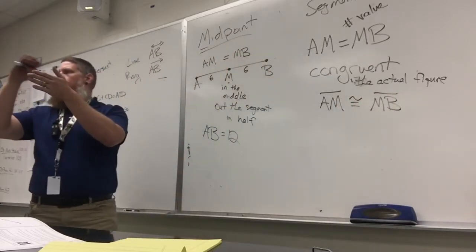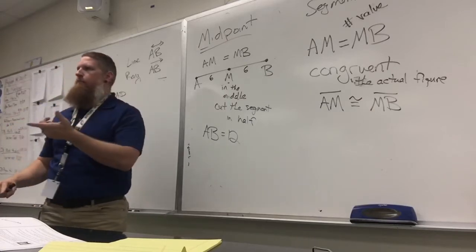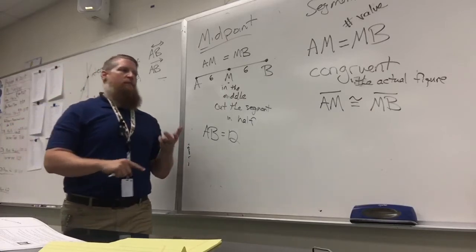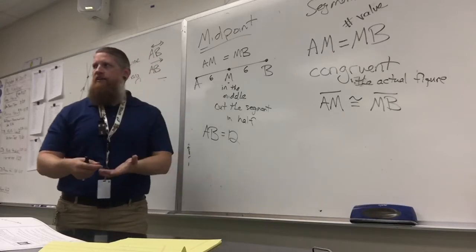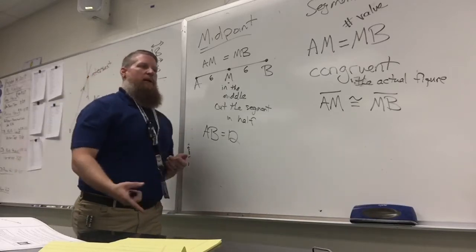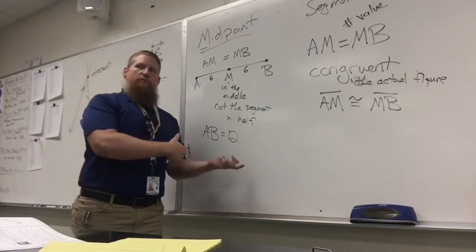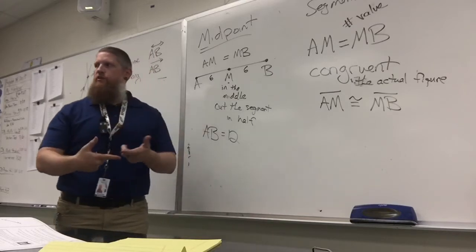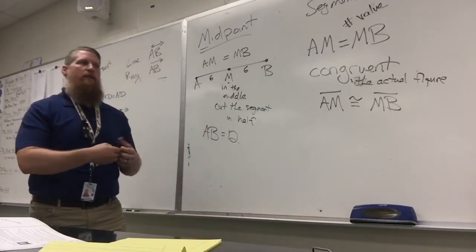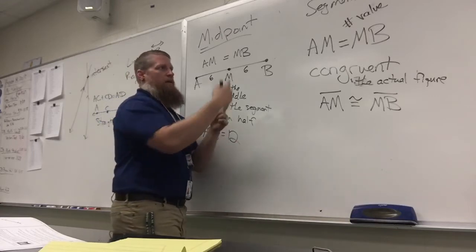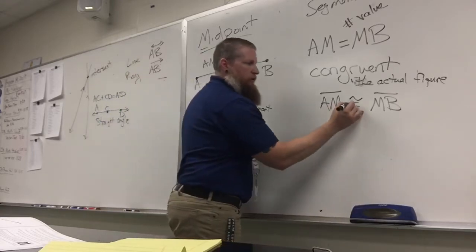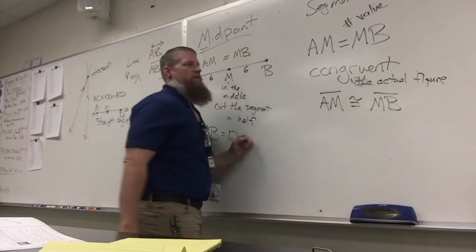Because again, if I throw a little bar on top, that means segment AM is the same size as segment MB. And when you talk about things being the same size, you're talking about congruency. Which in turn means they're equal, but in terms of writing terminology correctly, the notation's a little different. And the congruency symbol is like an equal with a little squiggly on top of it.